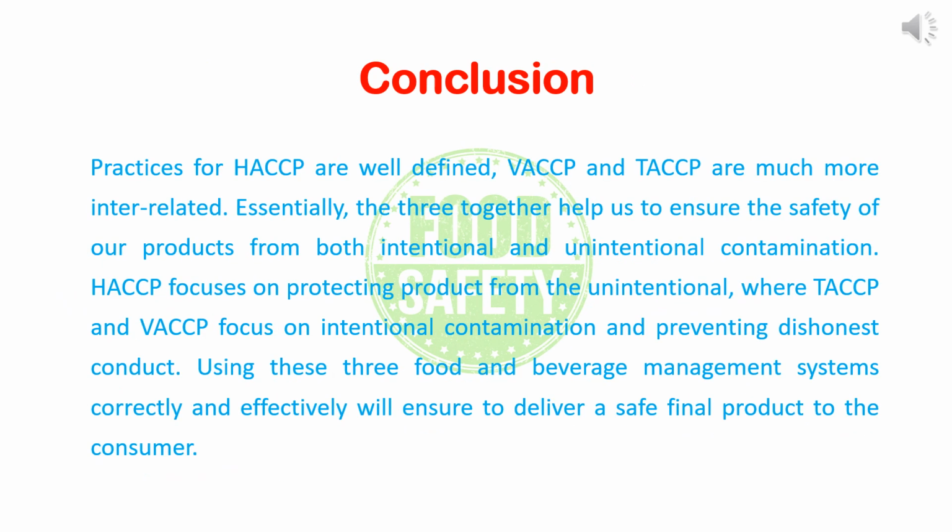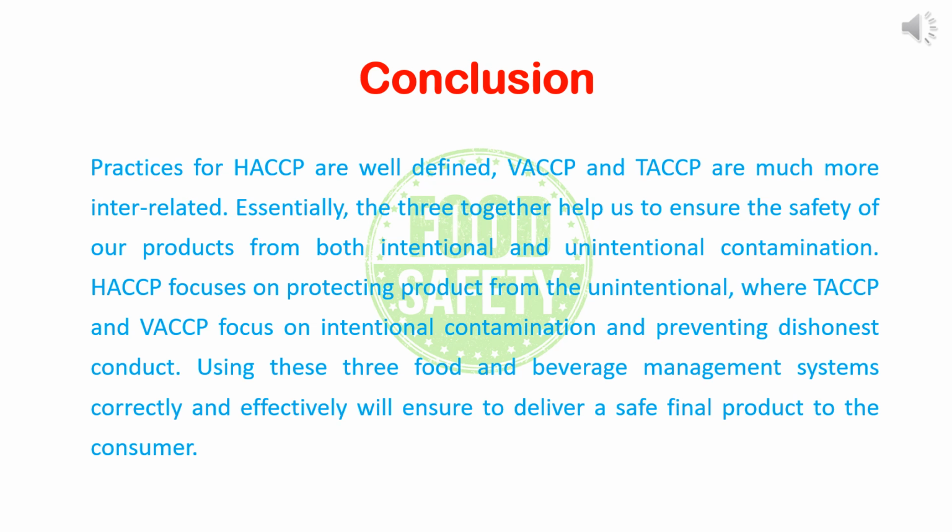Let's conclude the HACCP, VACCP and TACCP systems in food safety. Practices for HACCP are well defined, whereas VACCP and TACCP are much more interrelated. Essentially, the three together help us to ensure the safety of our product from both intentional and unintentional contamination.